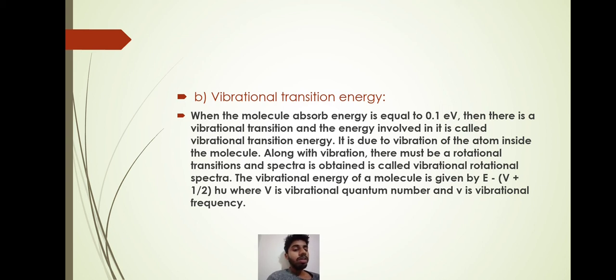Along with the vibration, there must be rotational transitions, and the spectra obtained is called the vibrational-rotational spectra. We can give the vibrational energy of a molecule by the formula E = (v + 1/2)hν, where v is the vibrational quantum number and ν is the vibrational frequency.